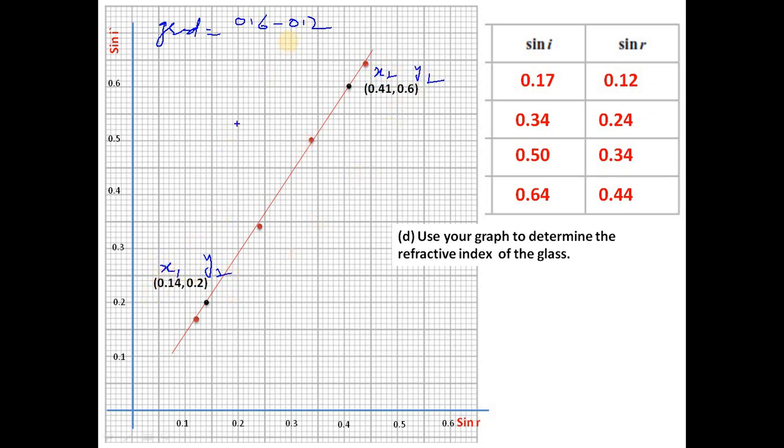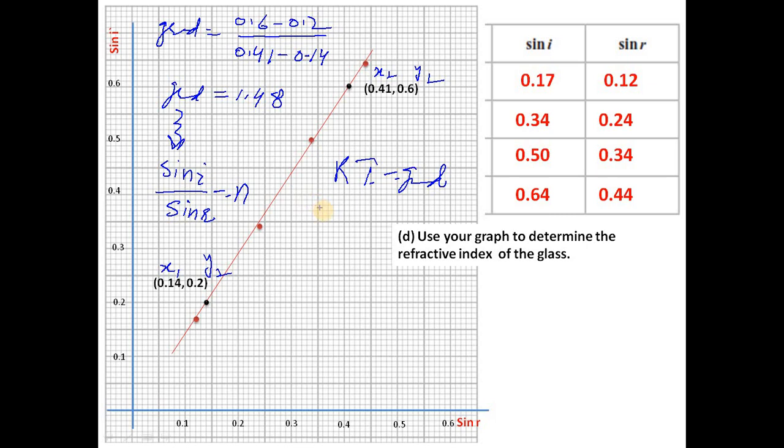So y2 minus y1, 0.6 minus 0.2, divided by x2 minus x1, 0.41 minus 0.14. Once you do the calculation, you have gradient equal to 1.48, and if you see the graph, this gradient is in fact sin I divided by sin R, which is the refractive index. So the refractive index is your gradient, which is 1.48.